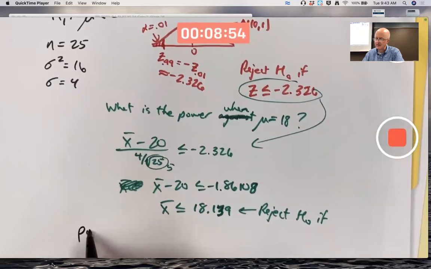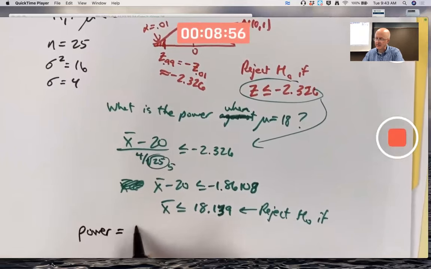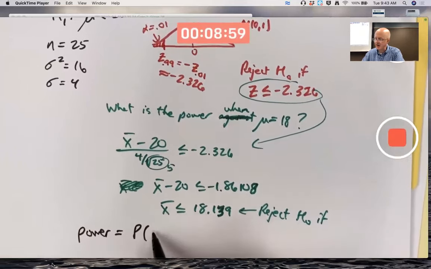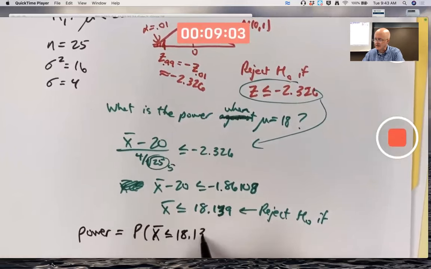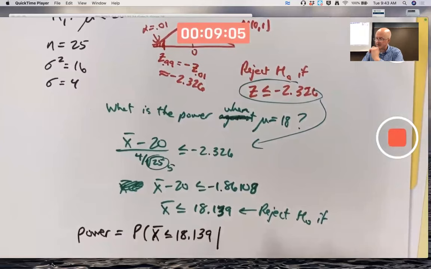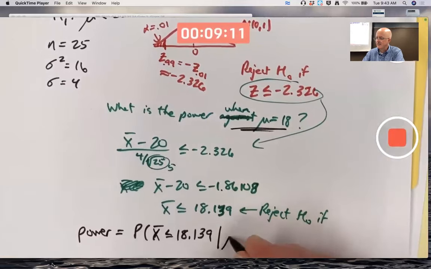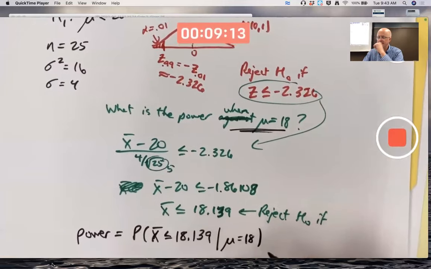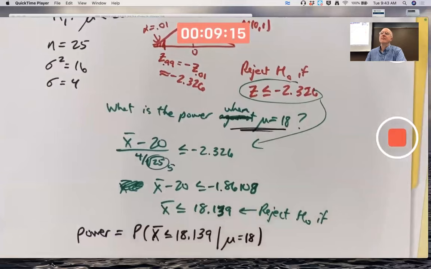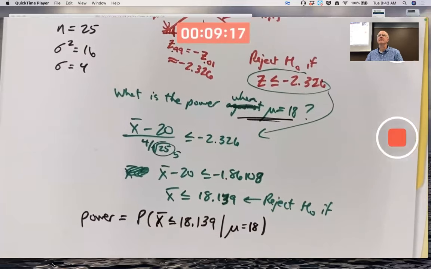The power is going to be the probability, written in terms of X bar, that I'm in the rejection region, assuming the alternative is true. What alternative should I pick? It's the one I told you to pick. In real life, which one do you pick?